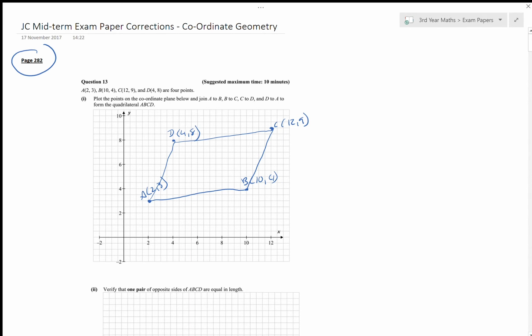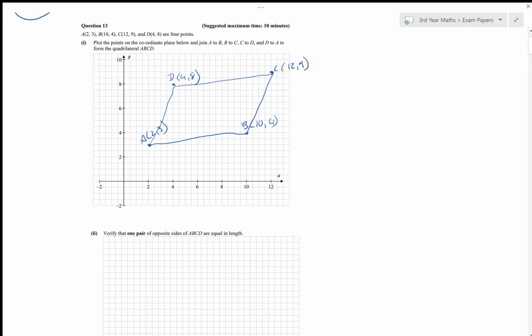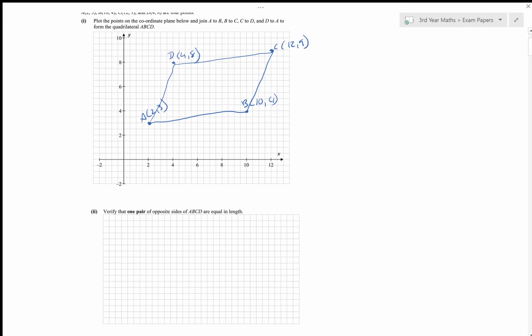It then says to verify that one pair of opposite sides of ABCD are equal in length. So you can pick any 2 sides you want. I'm going to pick DC and AB.